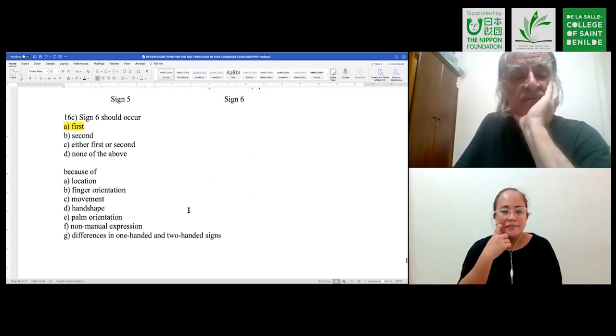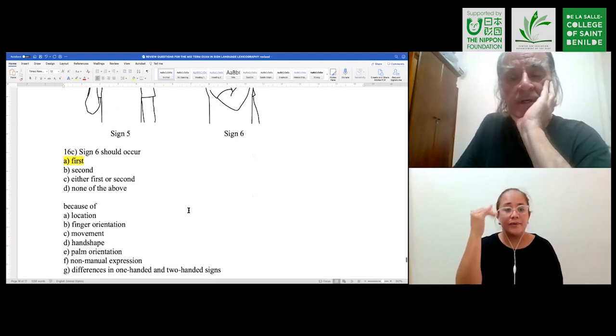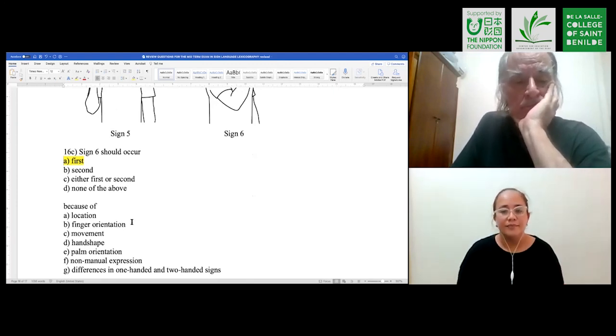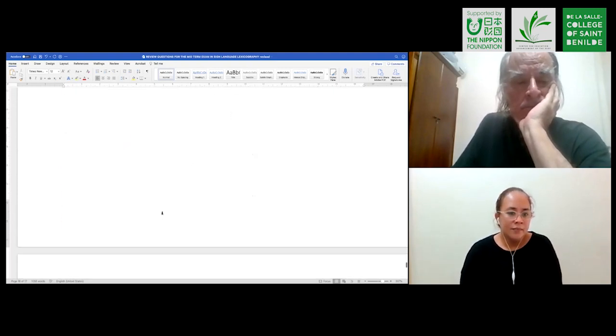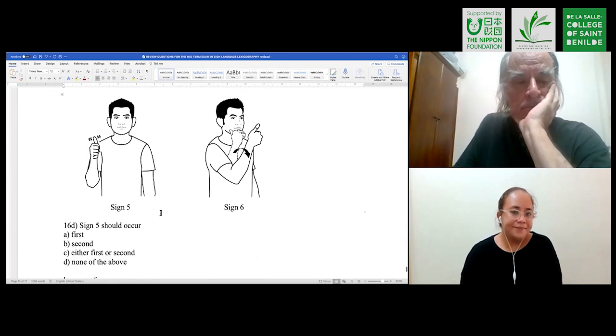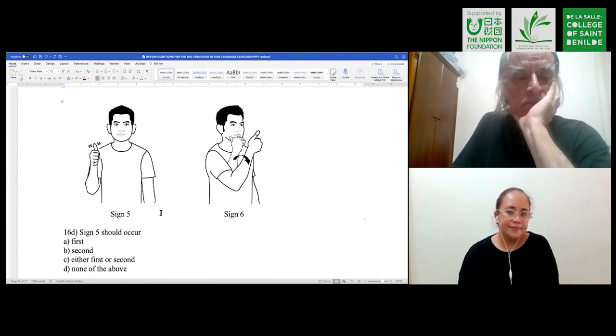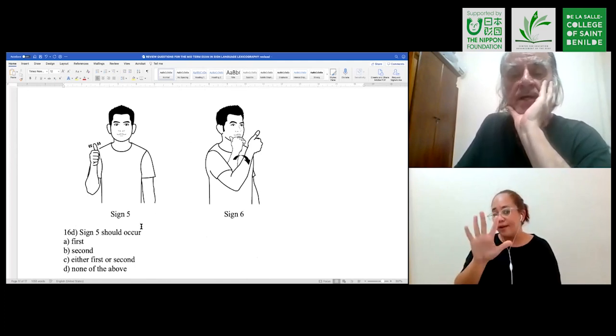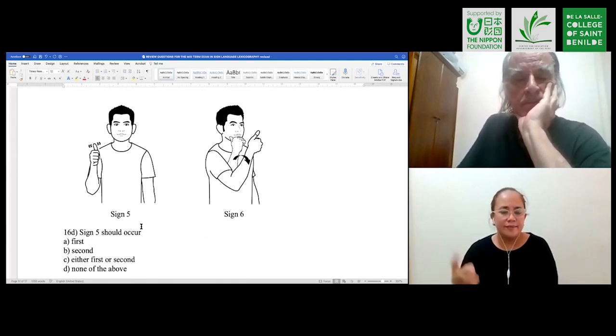And because of finger orientation, again, the same. All right, sign 5 should occur first or second? B. Second.